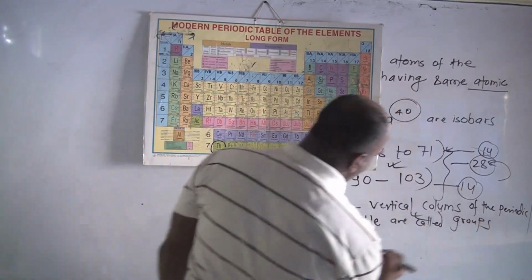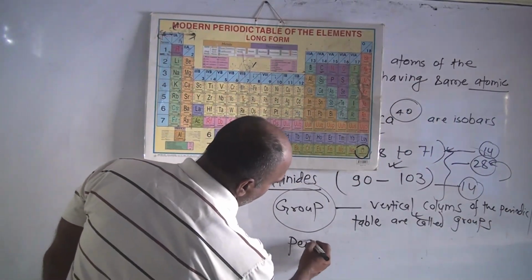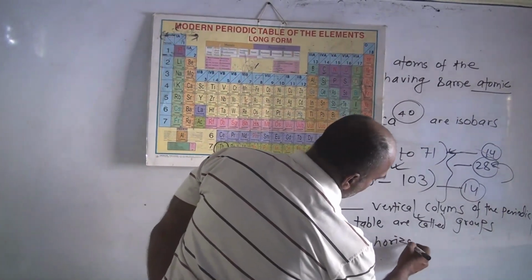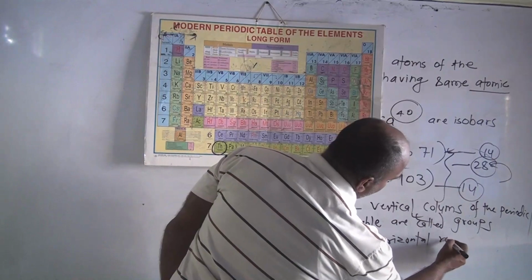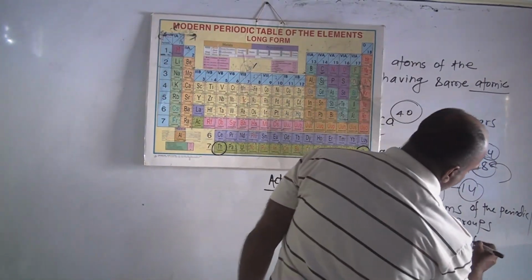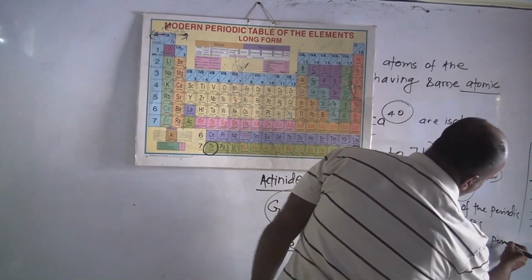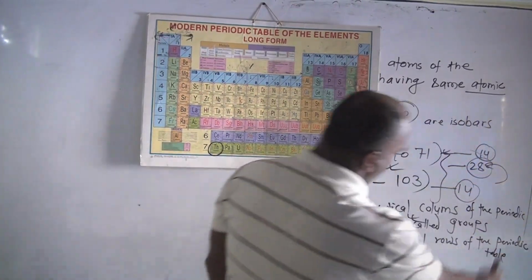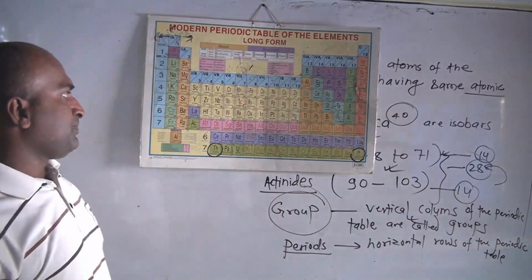And periods are the horizontal rows of the periodic table. Horizontal rows of the periodic table are called periods.